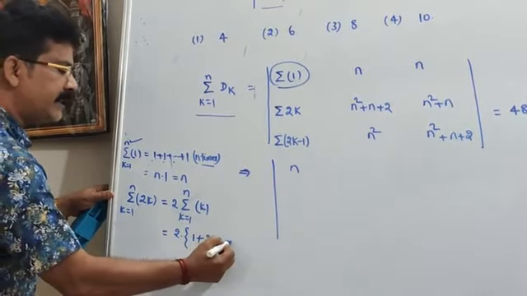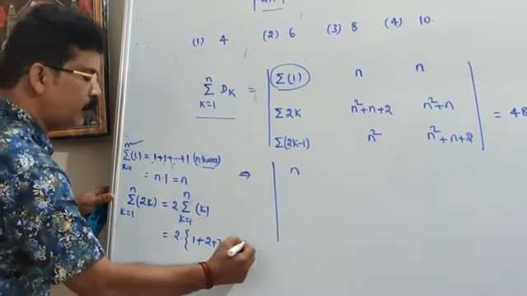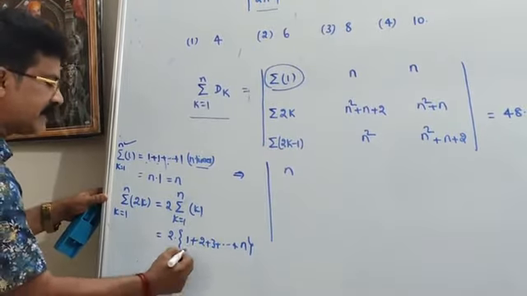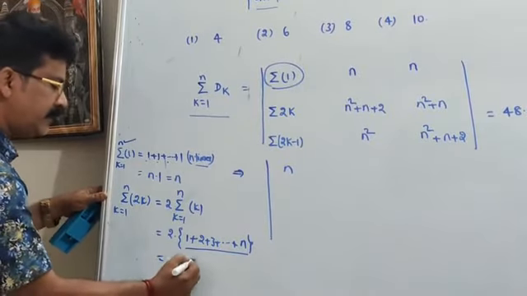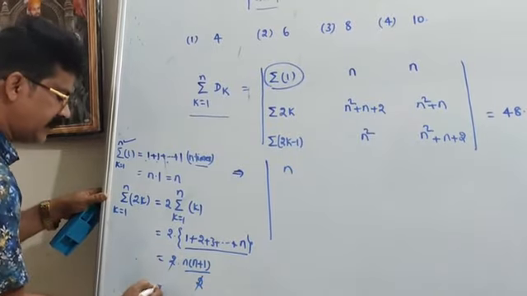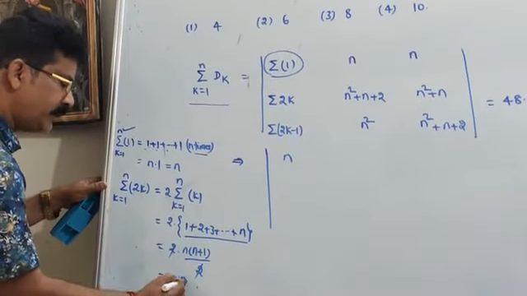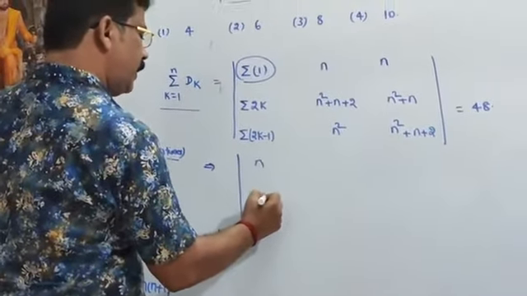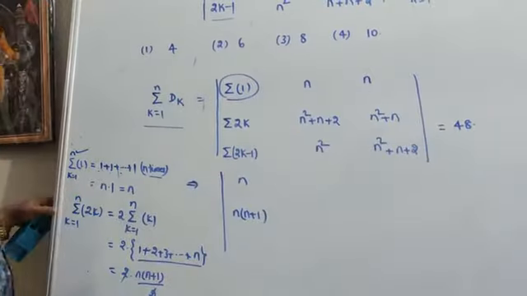Already I said in the 11th standard how to open the sigma values. So this is nothing but n into n plus 1 by 2. So 2 cancel. It remains only n into n plus 1.